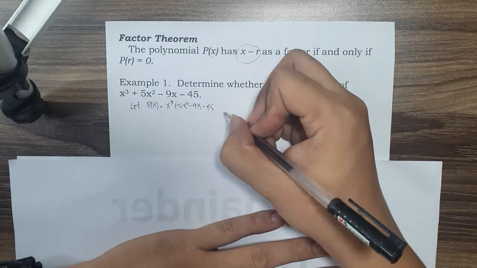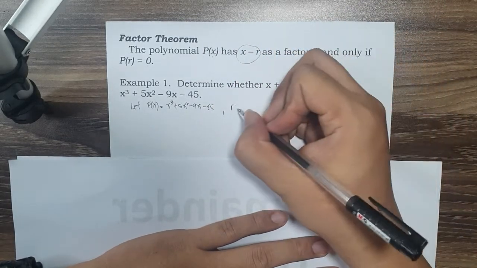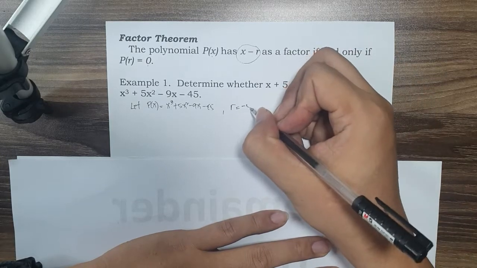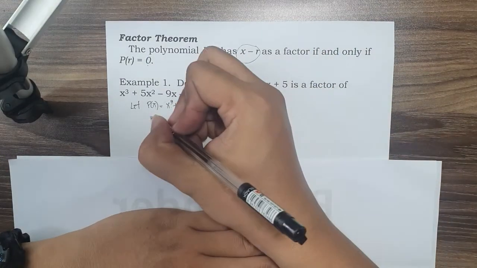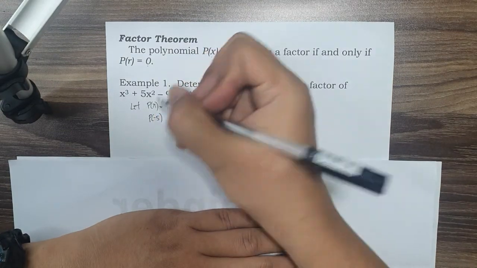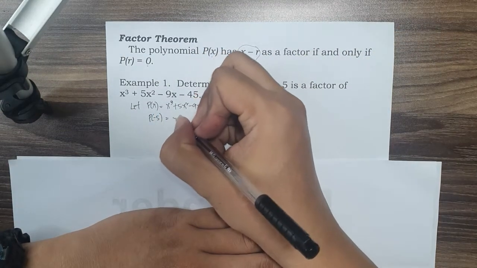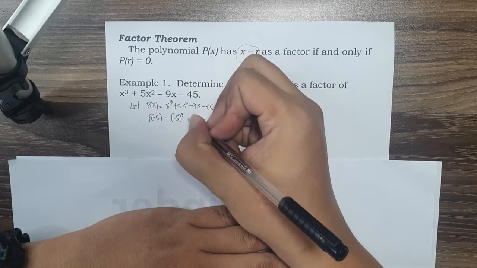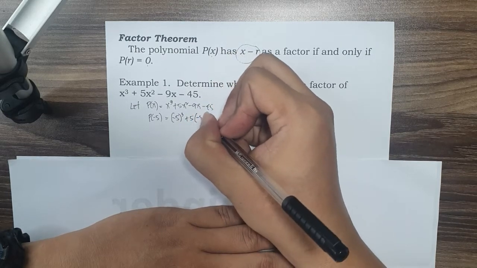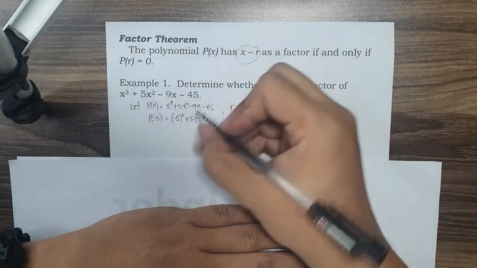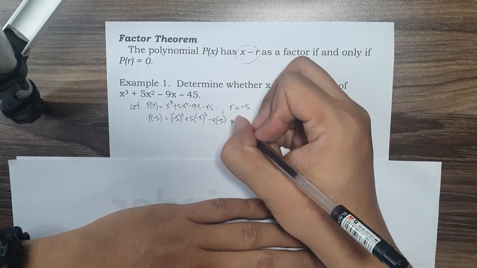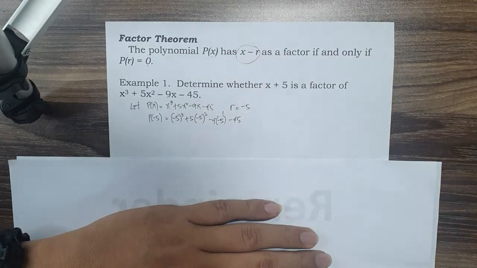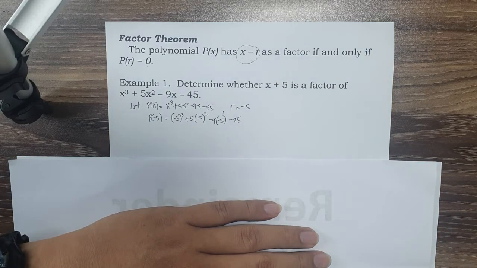And then, what will be your r? From the given, the opposite, negative 5. So, we evaluate. p at negative 5 equals negative 5 cubed plus 5 times negative 5 squared minus 9 times negative 5 minus 45. Okay. So, simplify.